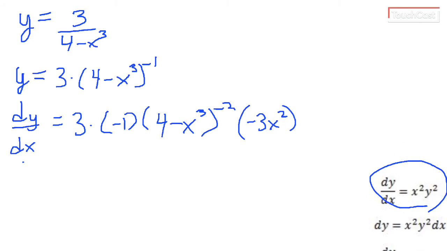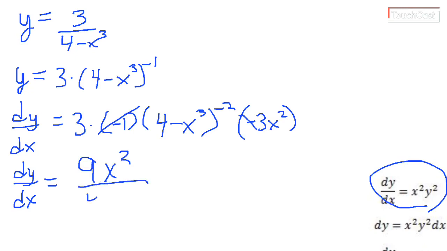So check this out. dy/dx is equal to, this negative and this negative cancel, so I don't have any negatives left. This is going to be 3 times 3 is 9, x squared in the numerator, and 4 minus x cubed squared in the denominator.